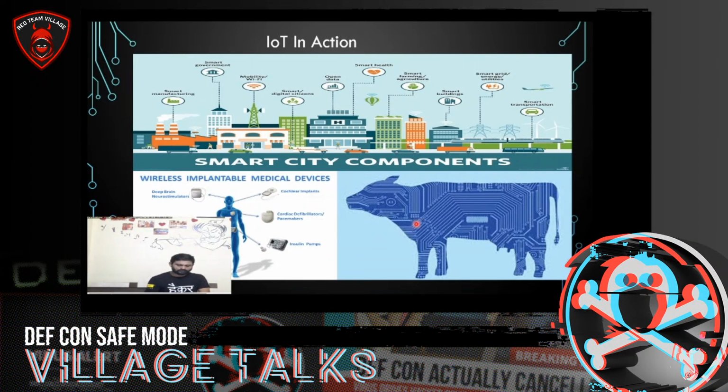Now, apart from industry and humans, animals are also using IoT. One company is developing a belt that goes on the neck of a cow, and that belt will analyze your animal or pet, and based on the pet's behavior, it will generate an alert and send it to the owner.